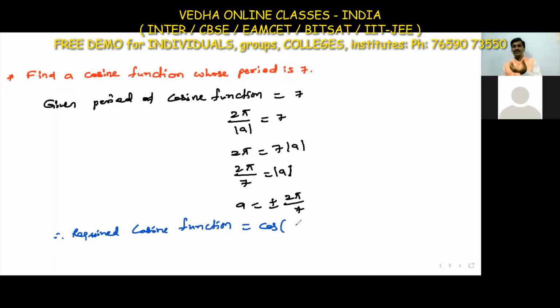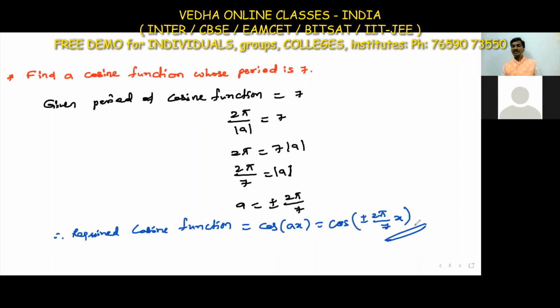We don't know the constant, that's why we write cos of ax. So writing this as cos of plus or minus 2 pi by 7 into x. This is the required solution.